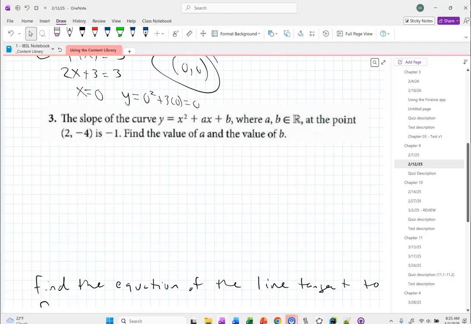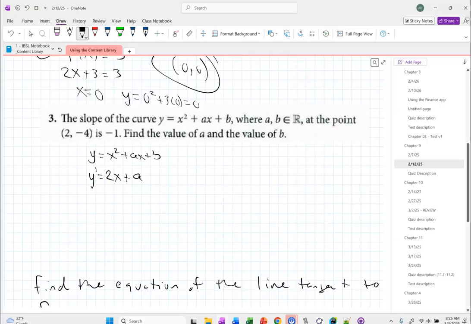So if I have y equals x squared plus ax plus b, what's the derivative of that? What is it? 2x. Okay, 2x, that's good. But just x would be a.